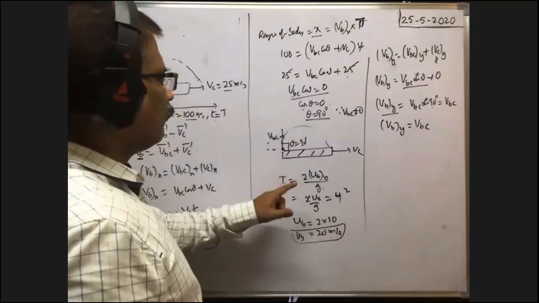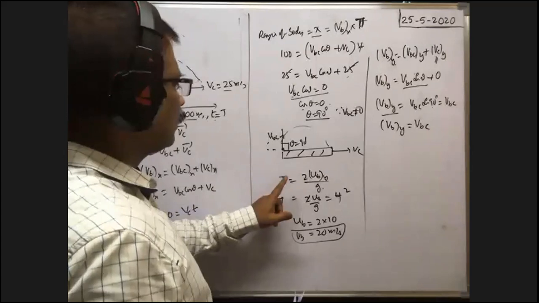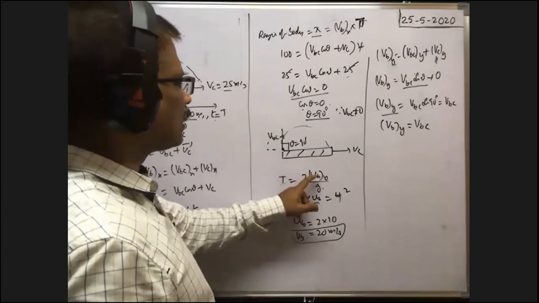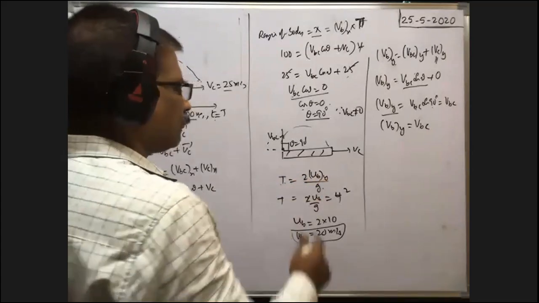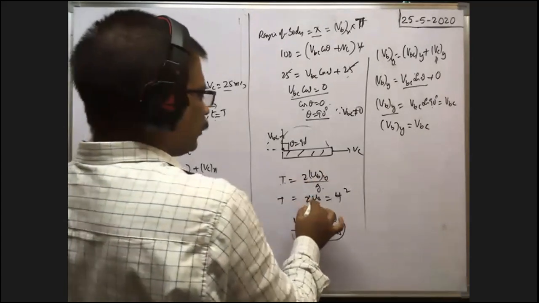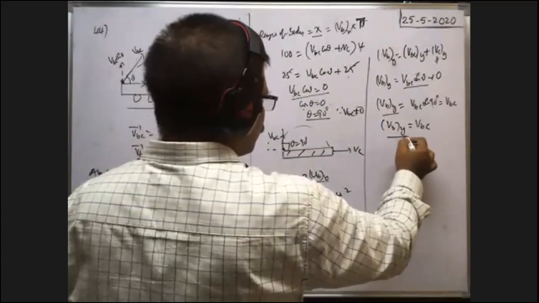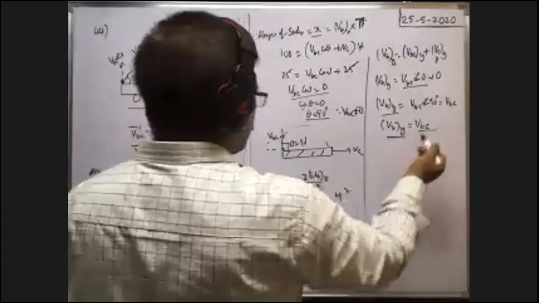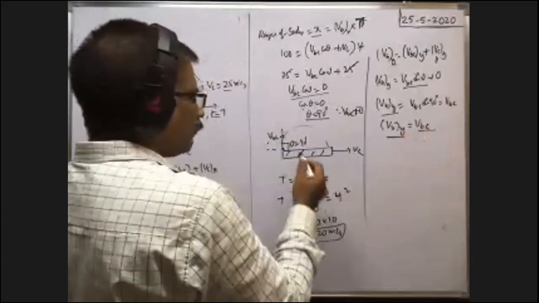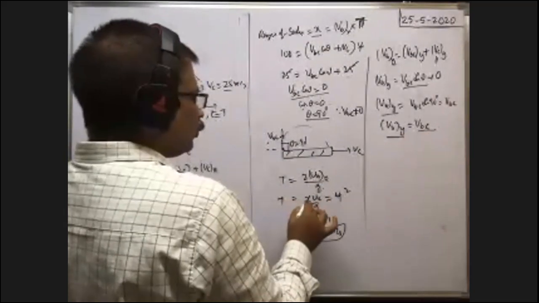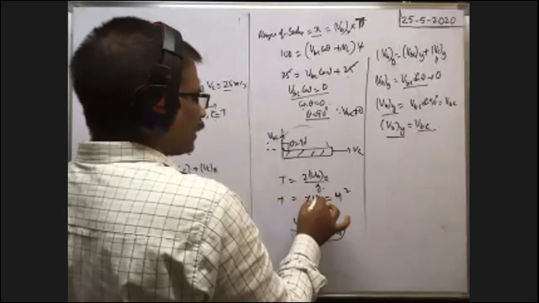Time of flight is equal to 2 times the velocity of the body along the y-axis divided by g. We have to find the velocity of the body along the y-axis, or the velocity with which the body is projected with respect to the car; both are the same along the y-axis. So t is equal to 2 times the velocity of the body along the y-axis divided by g.